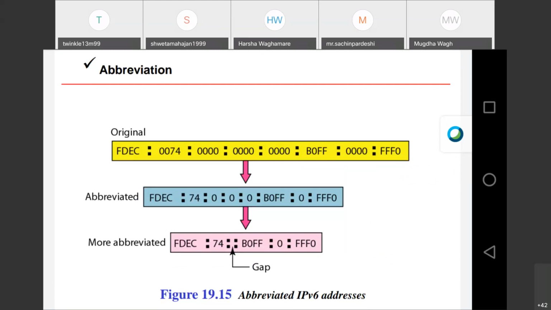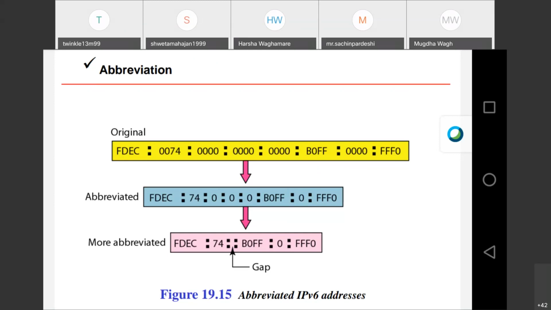So what we can do is minimize the address. That is the abbreviation, so that we can write the address in very little space. It is easy to read and easy to write. But how can we abbreviate the address?